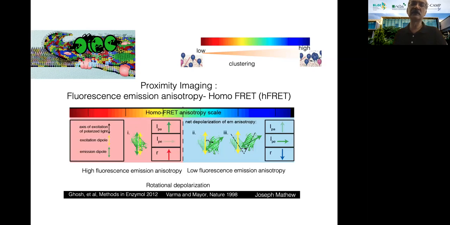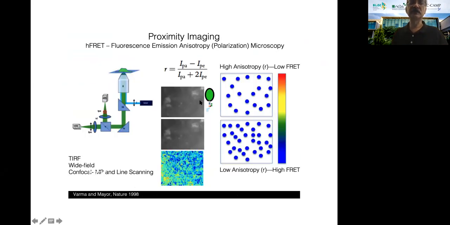So that orientation gets lost. And the way you measure this orientation loss is by measuring the fluorescence anisotropy, or the fluorescence polarization, of the emission of the fluorophore.